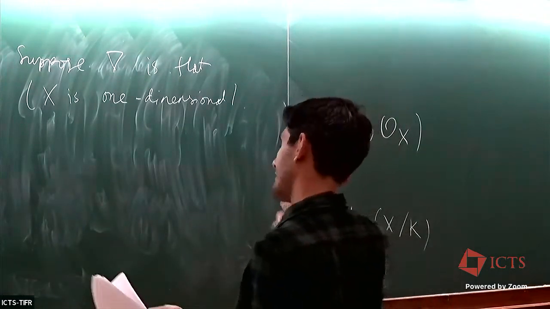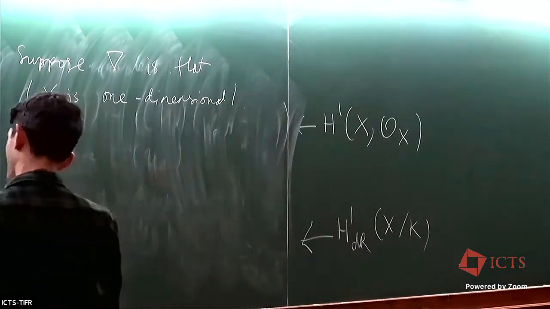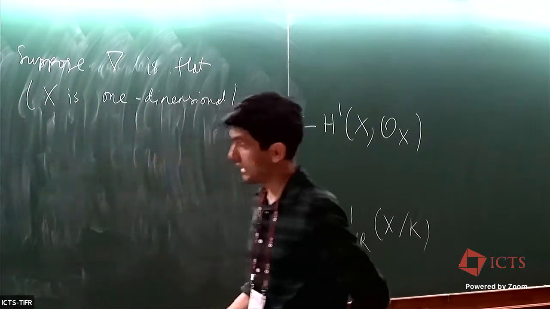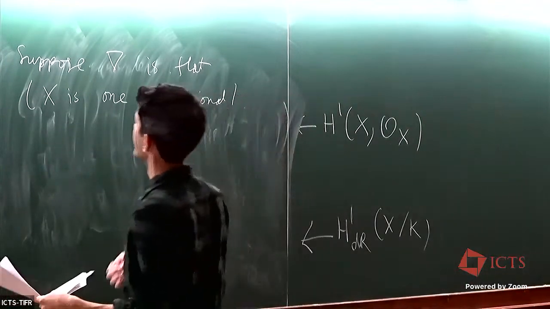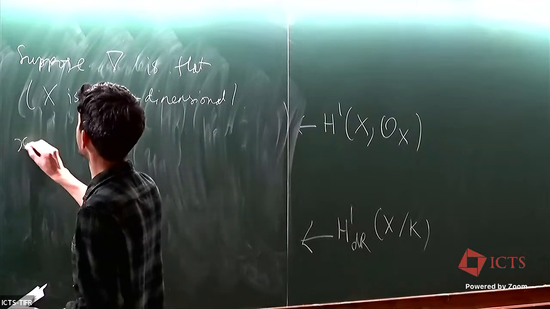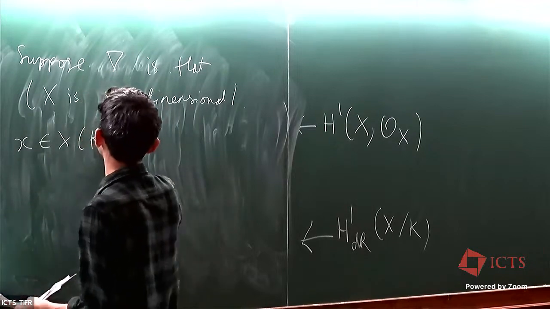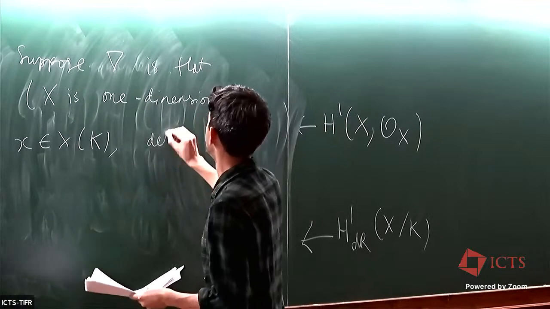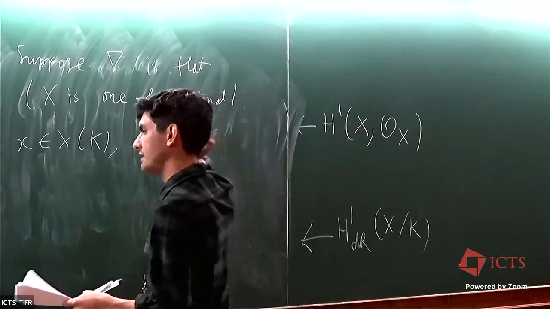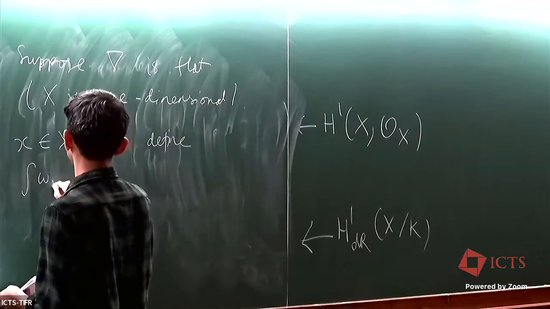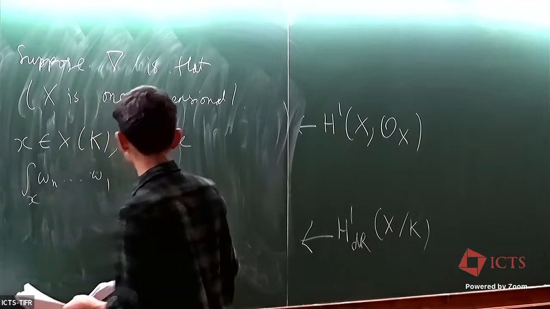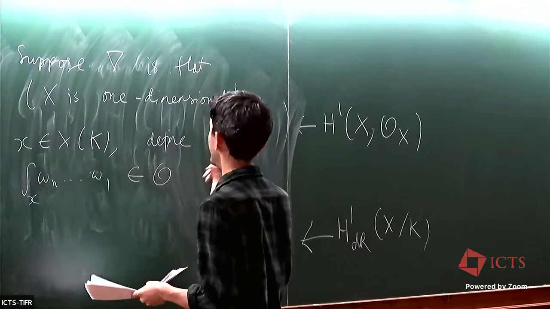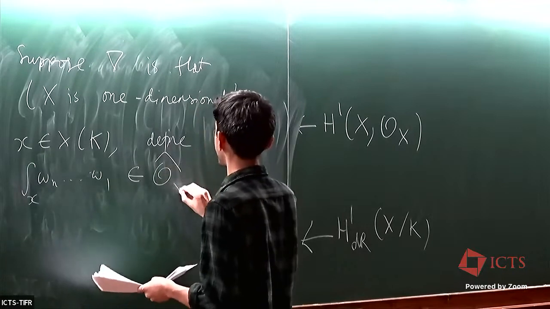And then I'm going to define the iterated integral of omega n up to omega 1 in terms of horizontal sections of this connection. I'm going to do this first in formal categories. So suppose we're given some x in X(K). I'm going to define a function which I call the integral of omega n up to omega 1 at x, which will be an element in the formal completion of the local ring at x.